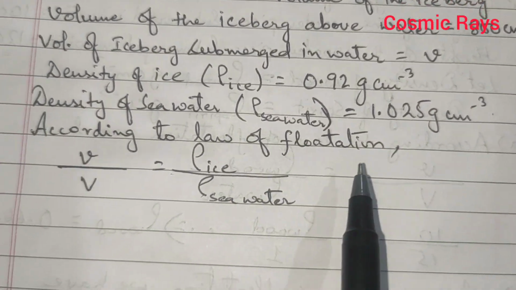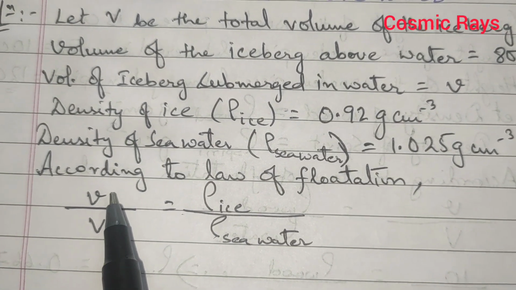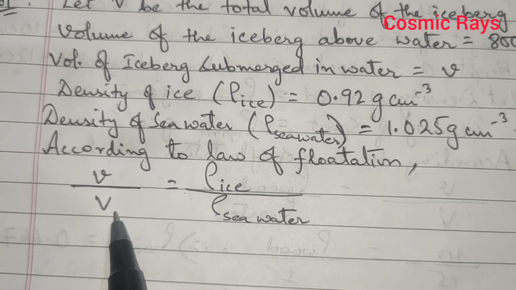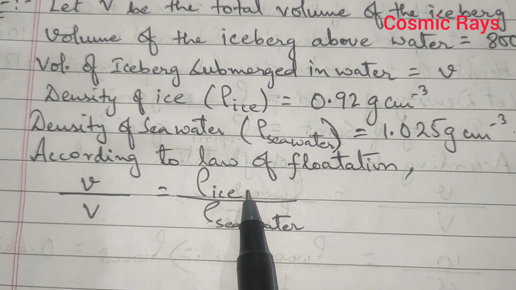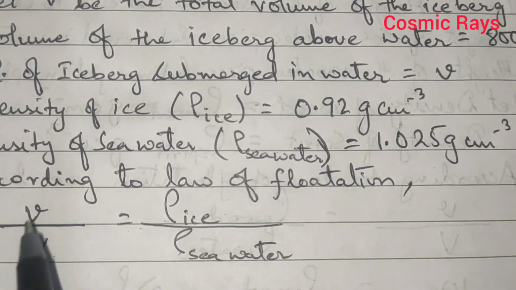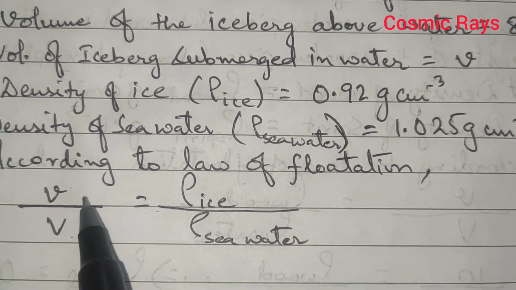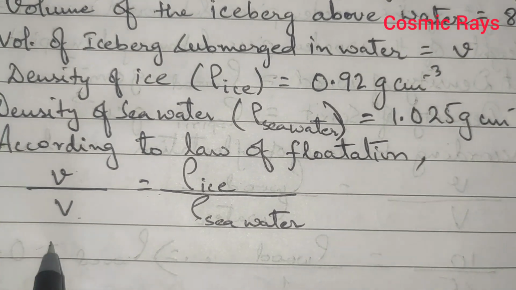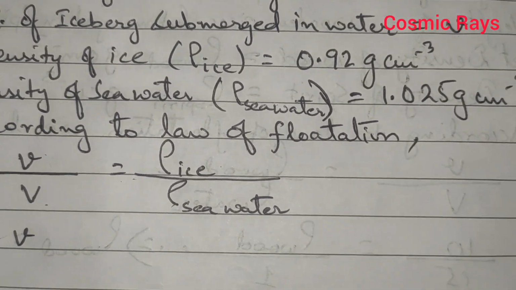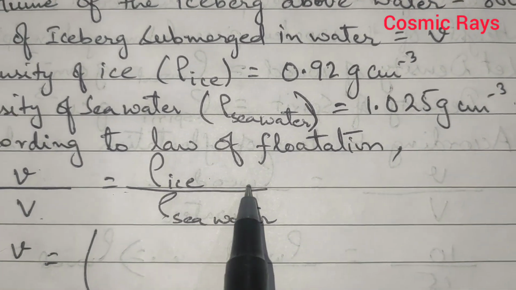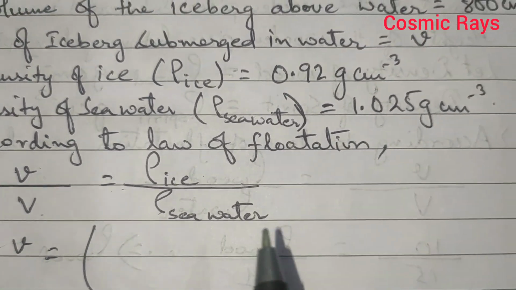So according to the law of flotation, the volume of iceberg which is submerged in water divided by the total volume of the iceberg will be equal to the density of the ice divided by the density of seawater. Now we do not have these two values, so we write the values that we have: v is equal to this, we are multiplying the total volume on the right hand side.